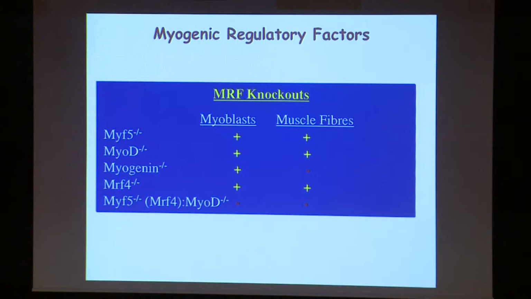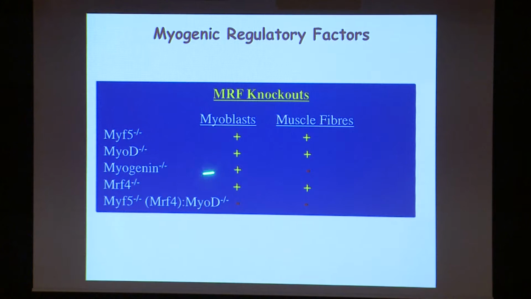This is a situation of redundancy that was explained and studied more carefully later, where these two genes, Myf5 and MyoD, contribute to the same function in the early stage of myogenesis and permit the formation of myogenic cells. And another interesting situation is provided by myogenin.